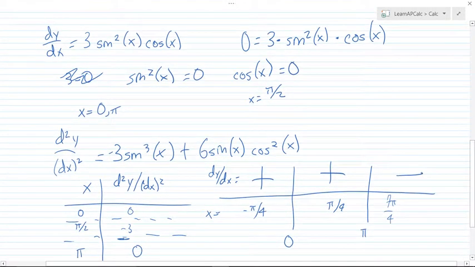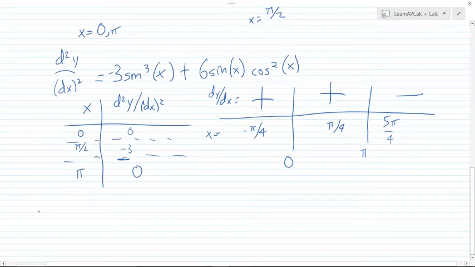Okay, and it's still going to be negative because the sine of 7 pi over 4 is going to be negative, but we're squaring it. So those are going to cancel each other out, but our cosine will still be negative. So our derivative is negative.